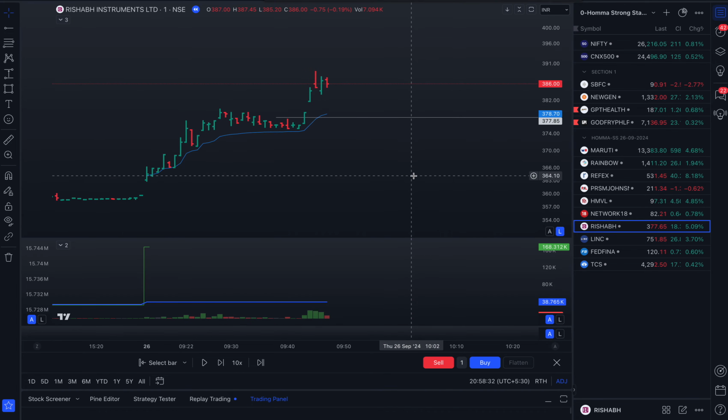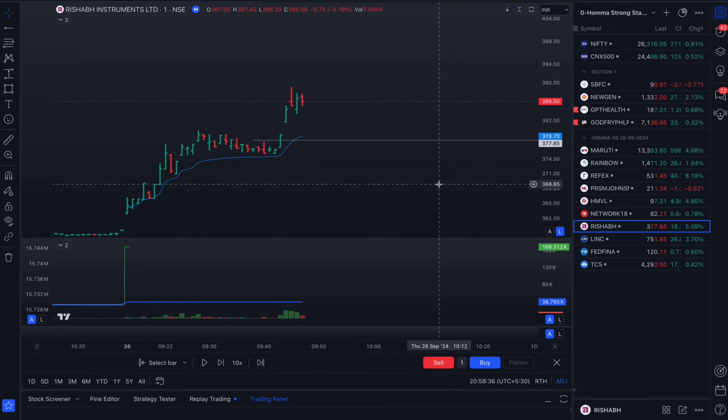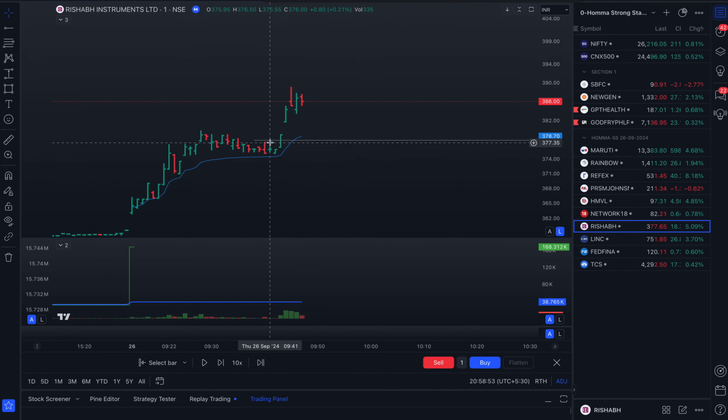The problem I had mentally faced was because I was so used to making 30%, 20%, 10% at least in a day, right? Then what happens is, you know, taking 2.7% feels like, what am I even doing, right? But the change I had to make is that, like Rishabh Instrument, let's say I entered with 20% of position size, notional, right?